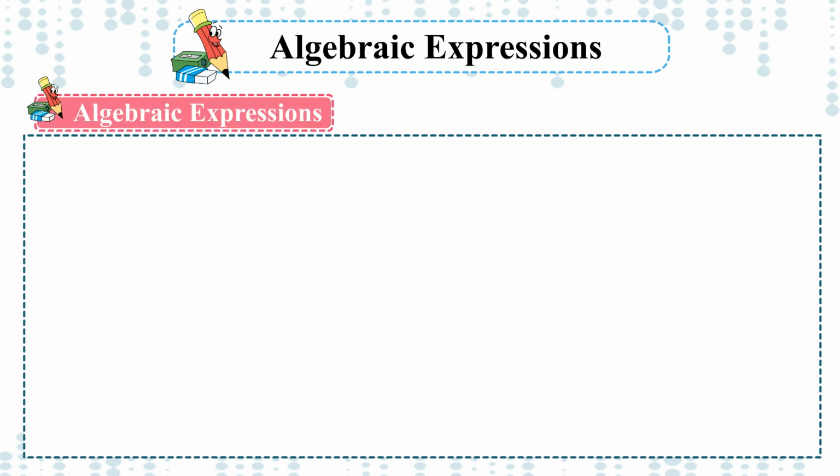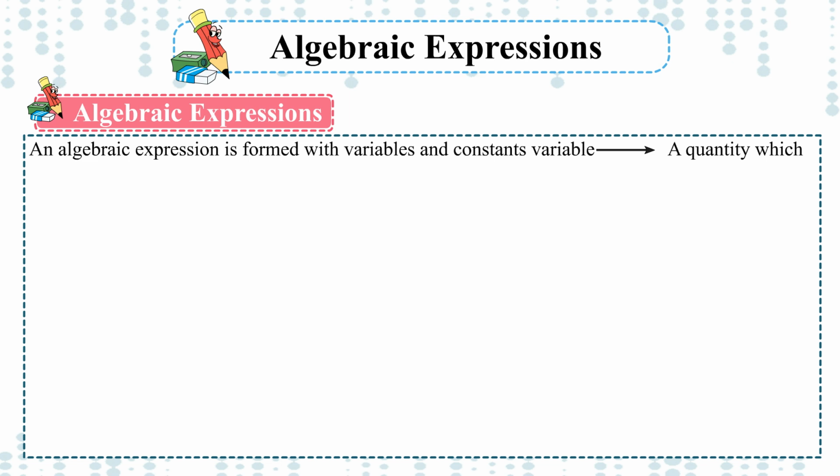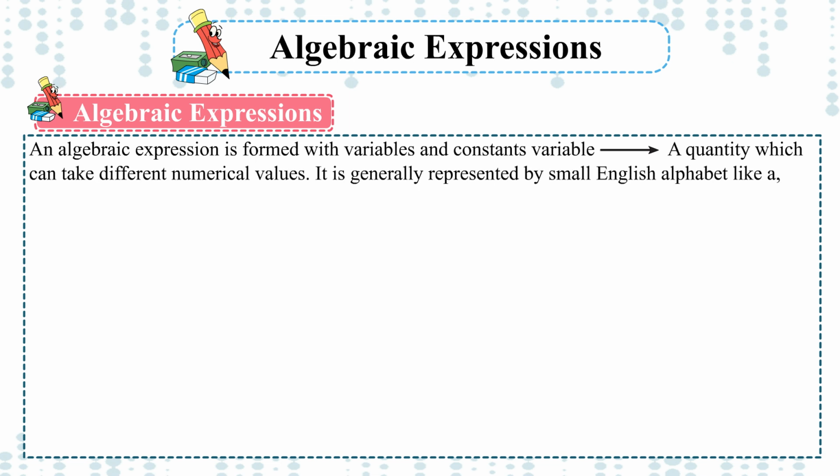Algebraic expressions. An algebraic expression is formed with variables and constants. Variable: a quantity which can take different numerical values. It is generally represented by small English alphabets like a, b, c, n, x, y, etc. Its value is not fixed.